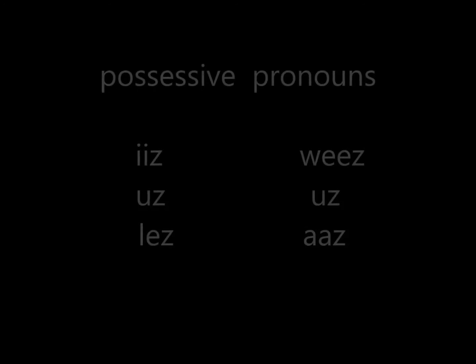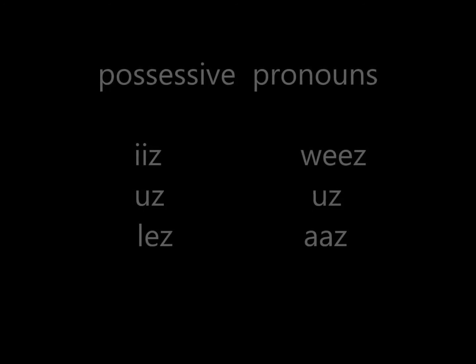then it is easy to form possessives by adding a z to these pronouns, just as any other word is made possessive by adding the letter z. So the first person singular would be, instead of the English words my or mine, or the Spanish word yo, it would be eyes.